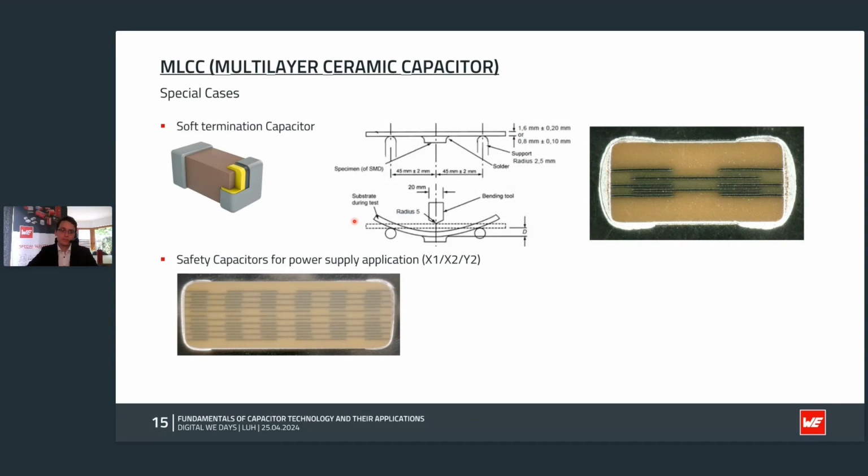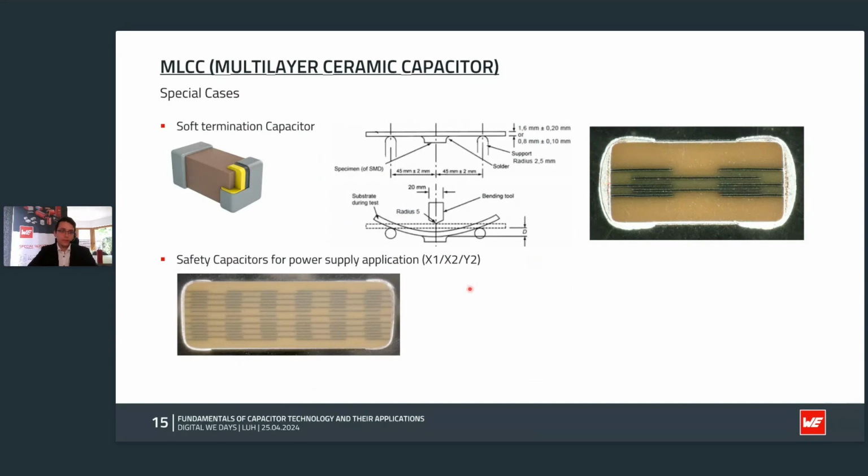To avoid this cracking, we implemented soft termination capacitors, which have a slightly flexible, highly conductive polymer layer in between in the termination, which means it can compensate for some mechanical deformation.